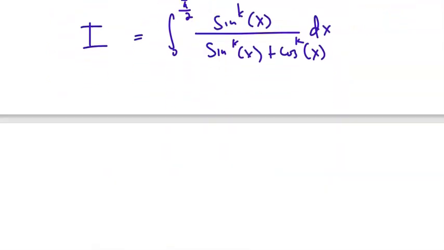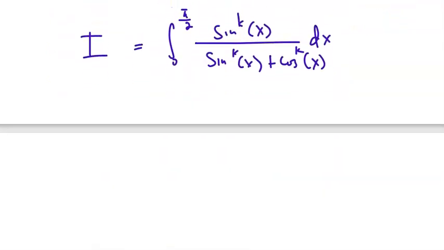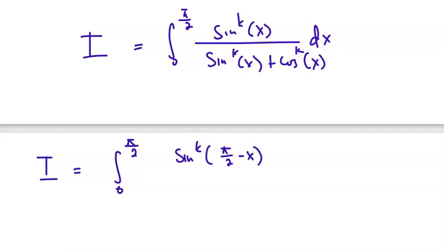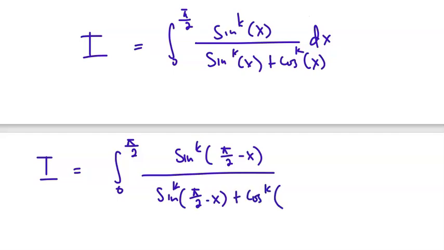So according to the King's property, our I is the same as the integral from 0 to pi over 2 of sine of pi over 2 minus x to the power of k divided by sine of pi over 2 minus x to the power of k plus cosine of pi over 2 minus x to the power of k dx.